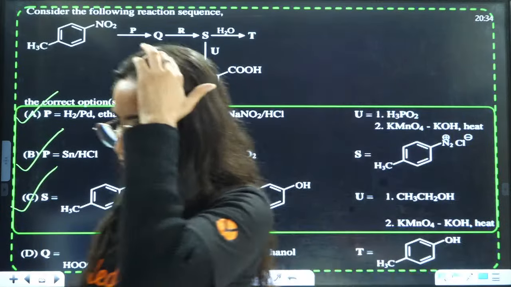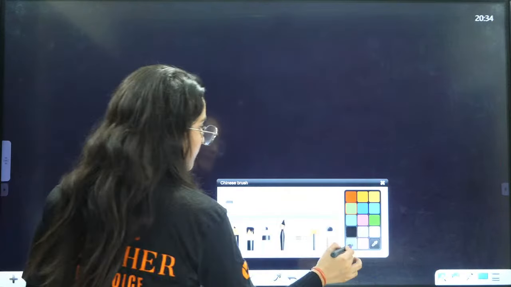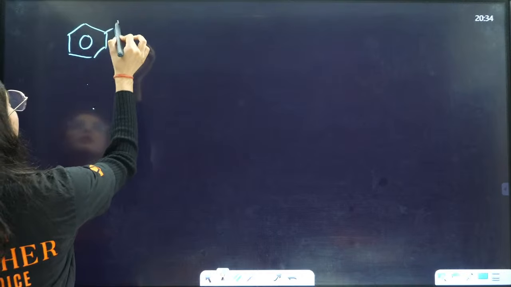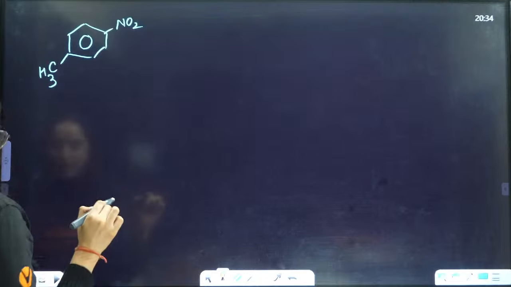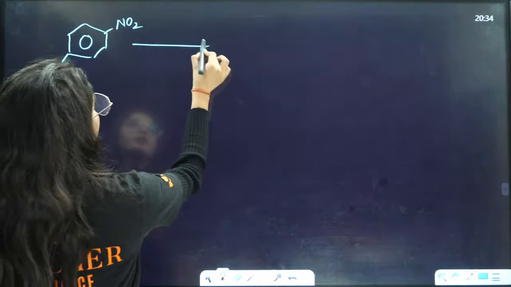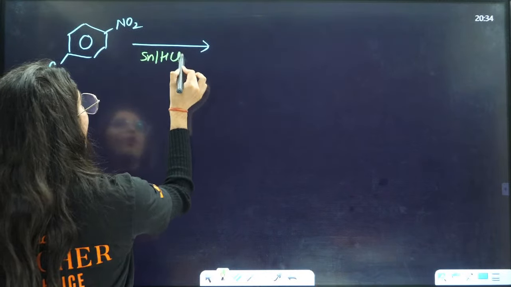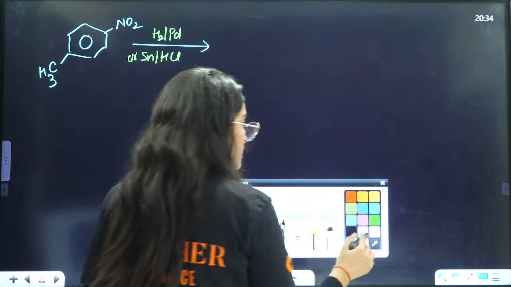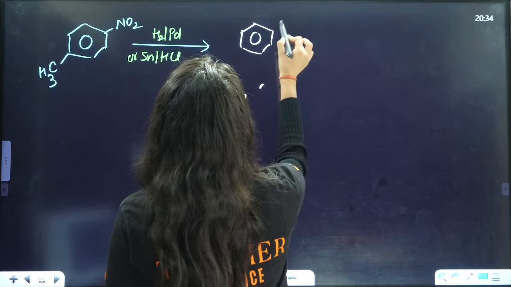Once again, option B. Okay, I'll write everything here. See, if you have this thing, that is NO2, and this is CH3. If I am saying P is H2/Pd or Sn/HCl, whether P is Sn/HCl or H2/Pd, the answer will be that this NO2 group will be converted to NH2.